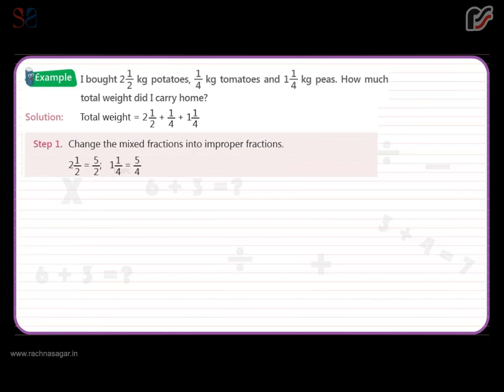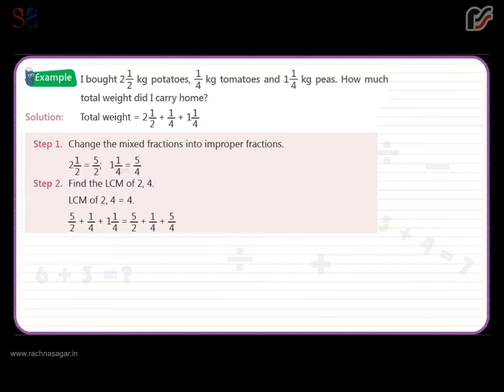Step 1. Change the mixed fractions into improper fractions: 2 1 upon 2 is equal to 5 upon 2, and 1 upon 4 stays as it is. Step 2. Find the LCM of 2 and 4. LCM of 2 and 4 is 4.